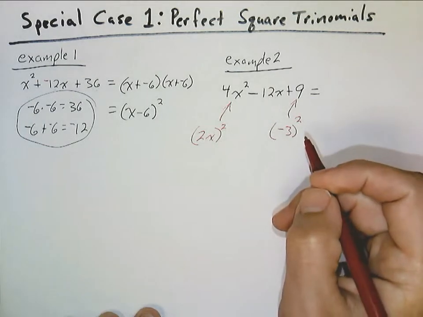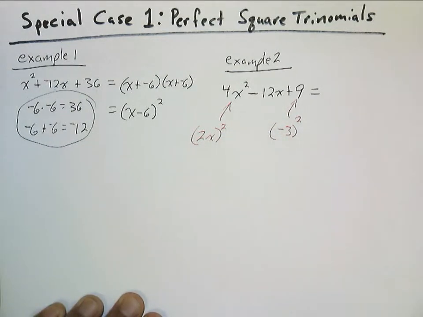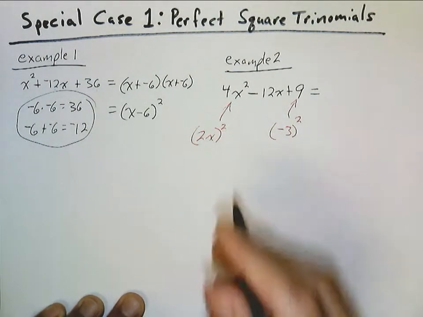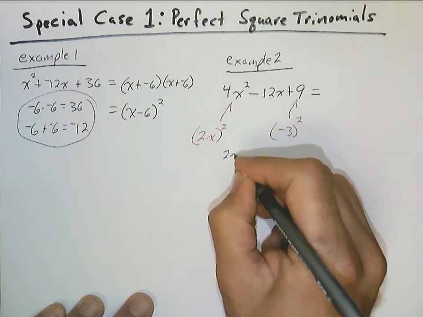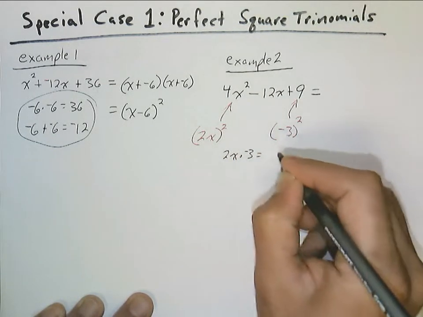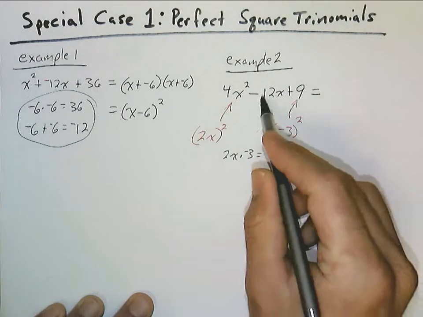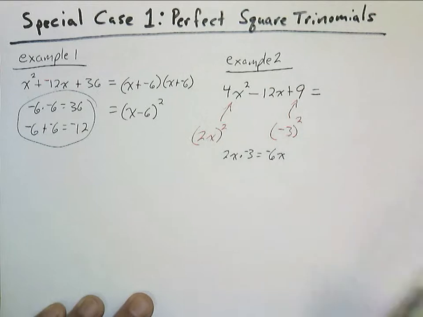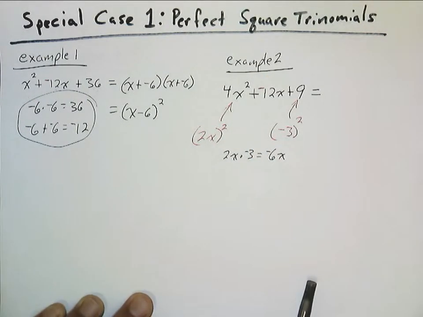Now, here's the nifty thing. This value in here, 2x, and this negative 3, well, that gives us negative 6x. And that is exactly half of our linear term, which is negative 12x. That's what we need.